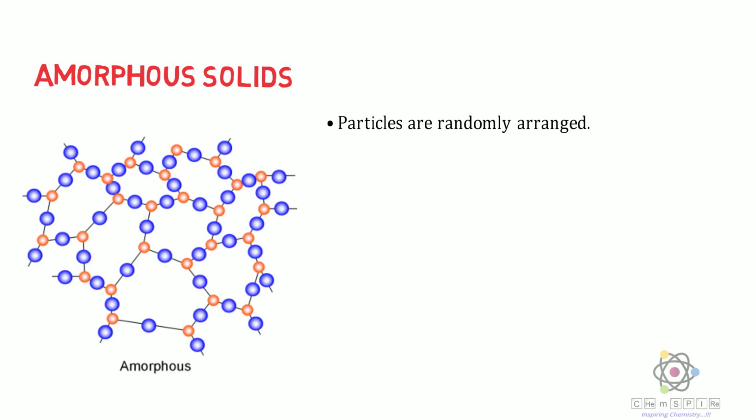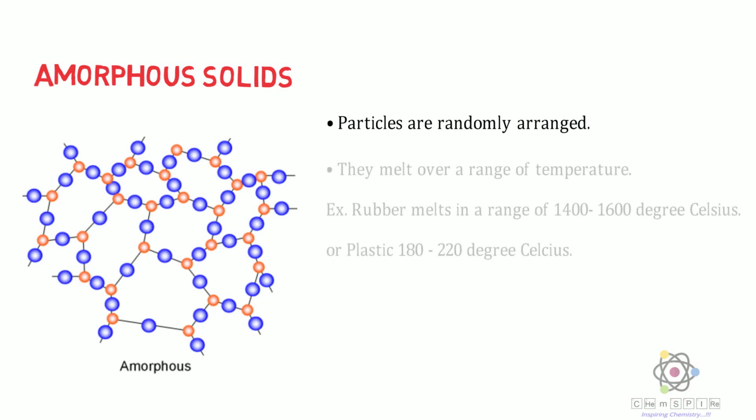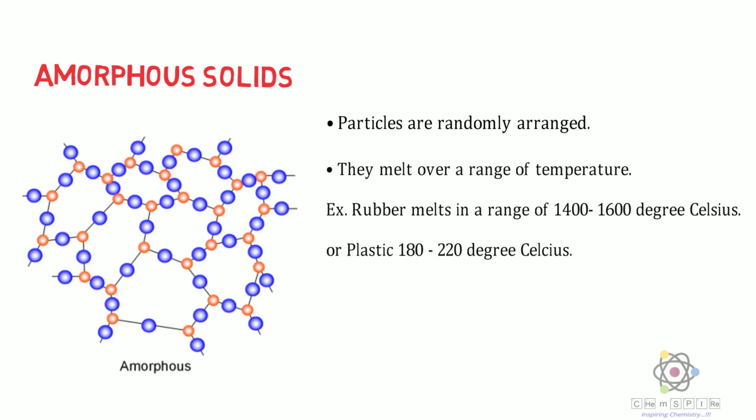So these particles are randomly arranged in the solid. Next, they melt over a range of temperature. For example, rubber, which is an amorphous solid, melts in the range of 1400 to 1600 degrees Celsius. In crystalline solids, they have sharp melting points, but here they melt over a range of temperature.